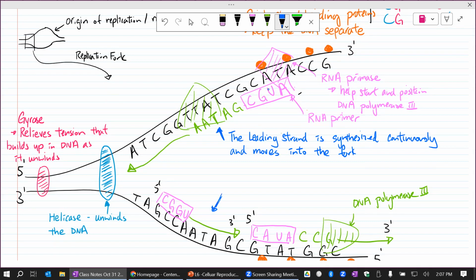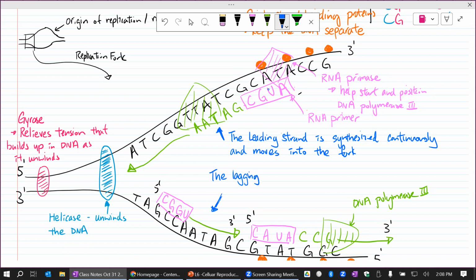On the other hand, the strand at the bottom, and I mean, it's not always the leading on the top and the lagging at the bottom. It depends how you draw it, right? Okay, because of the way that I'm drawing it, you can see this is being built continuously, and this one is being built in fragments. This is the lagging strand.